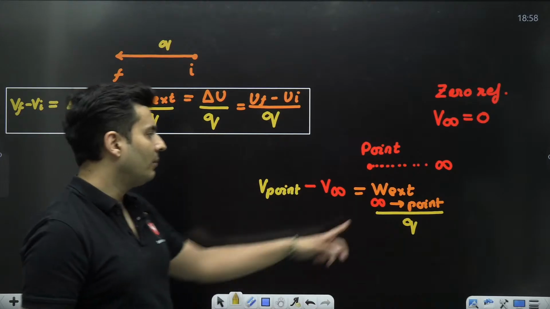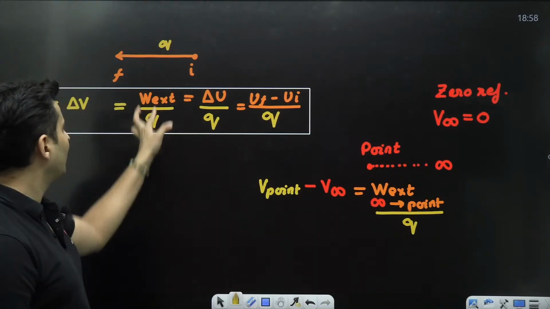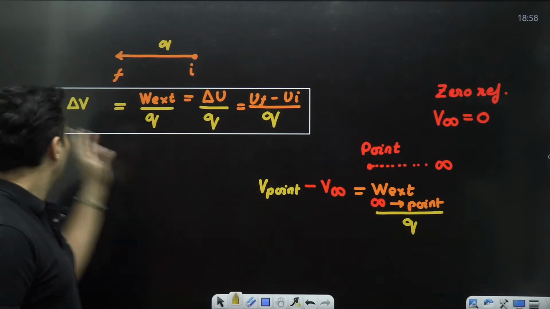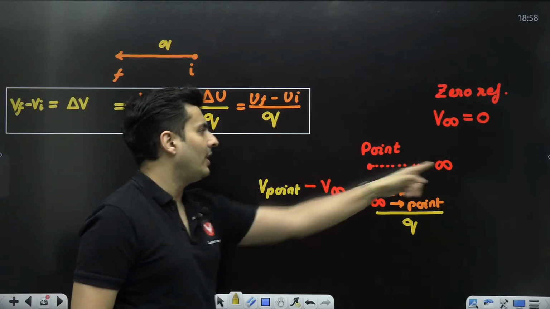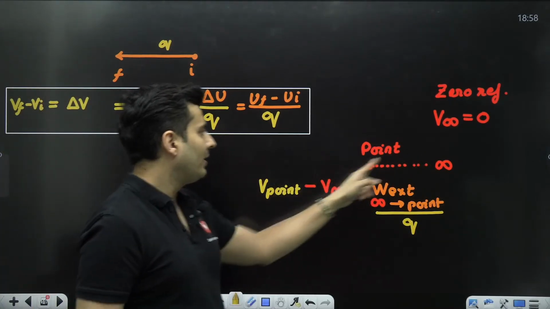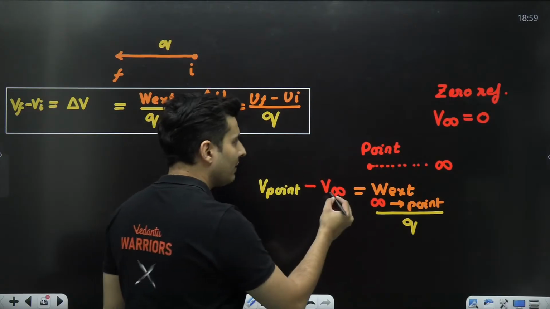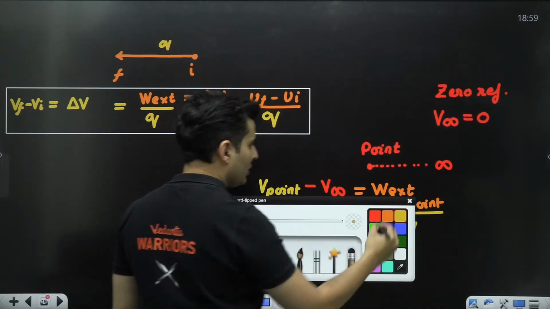The same thing, work by Q, V final minus V initial, right? But V infinity is 0. So just use this fact over here.